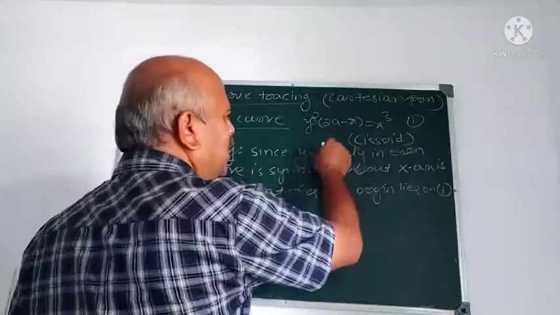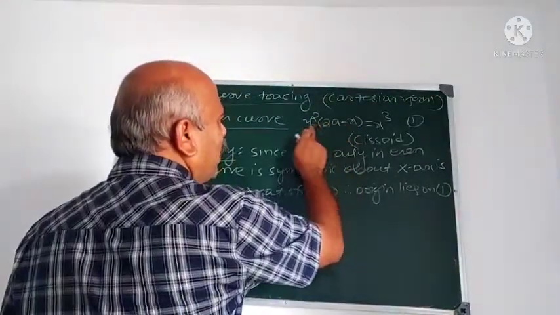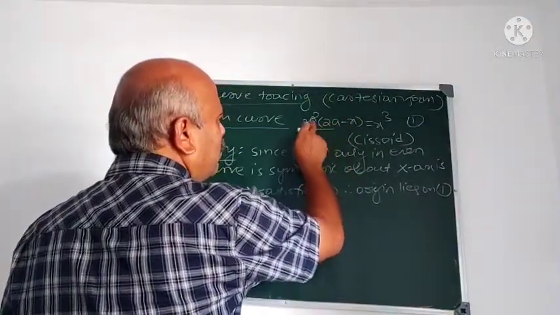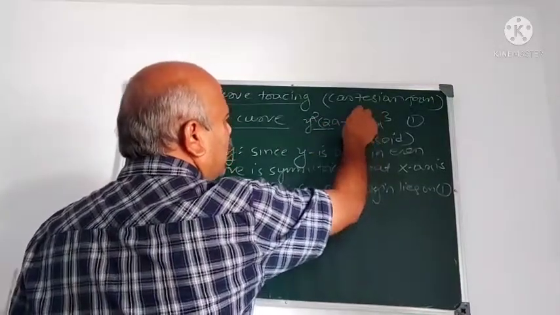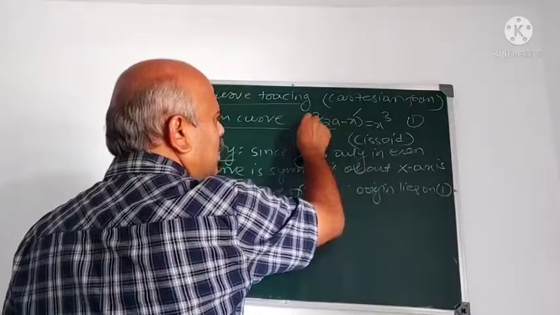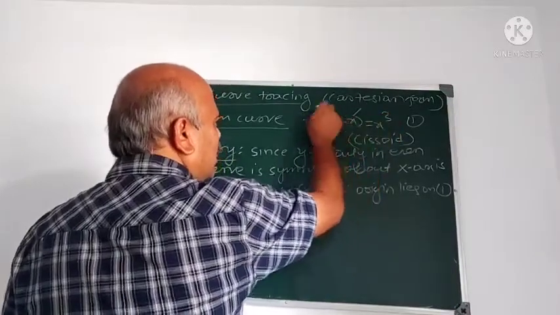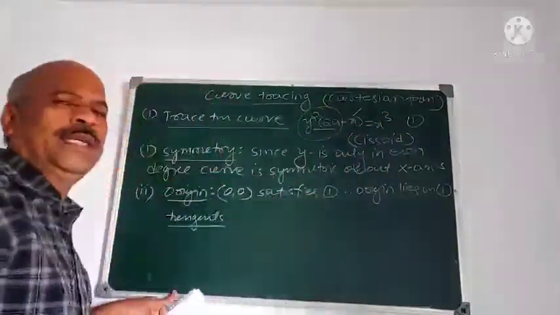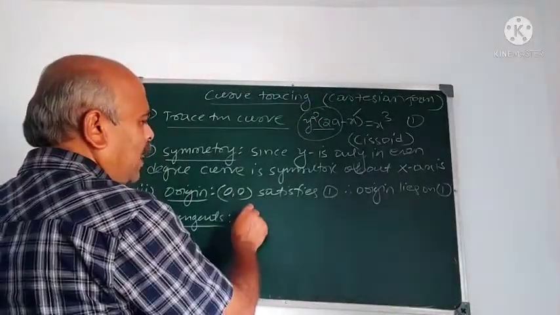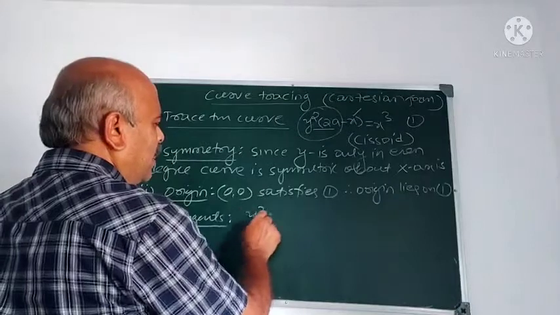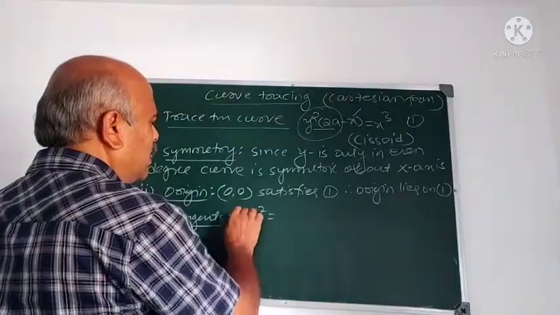What is the lowest degree term? If you multiply out, y square into 2a is one term, y square into x another term, x cube. But x into y square is a third degree term, x cube is a third degree term, and y square into 2a is the lowest degree term.